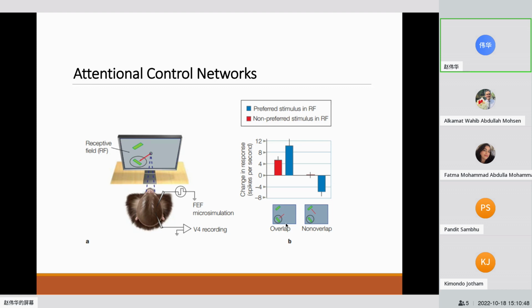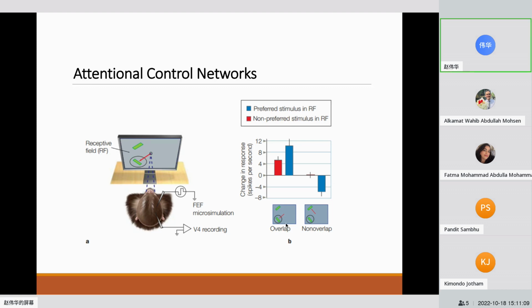The difference was greater when the flashed stimulus was one that elicited a large response from the neuron, called the preferred stimulus, as compared to the non-preferred stimulus.